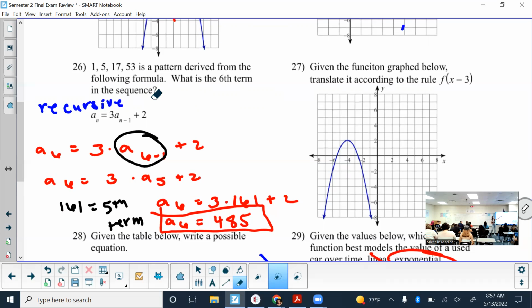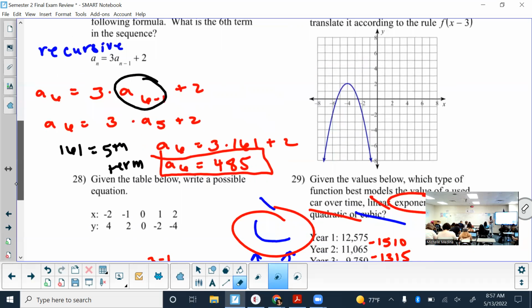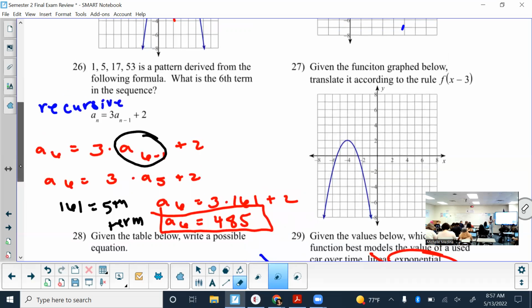Because if I want to find my 6th term, you plug in the 6 for n. So the left side is just notation. When I plug it in, it looks like this: 3 times a sub 6 minus 1, plus 2. Which, when you do 6 minus 1, what's that? 5. So what this is saying is I need to find my 5th term, multiply it by 3, then add 2.